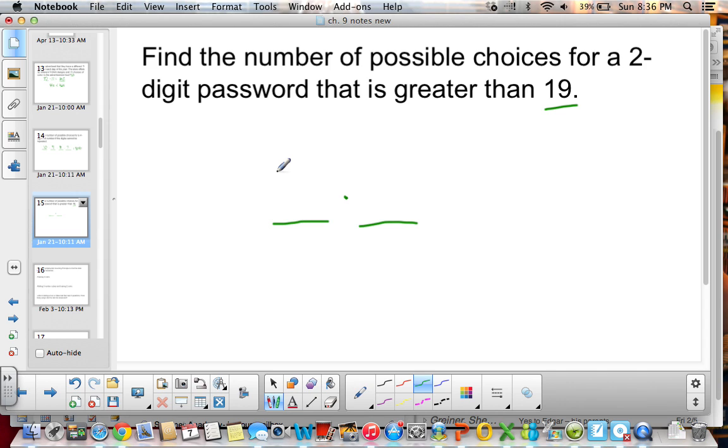So it can be a 2, 3, 4, 5, 6, 7, 8, or 9. So that leaves us with 8. And then it says just greater than 19, so our next number can be any number. It doesn't say that it can't be repeated. So then we're back to 10 digits for our second number. So then we have 80.